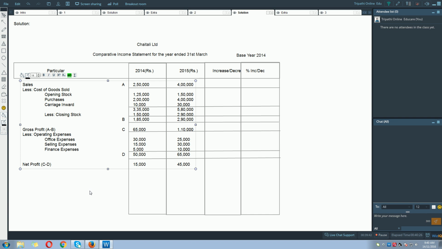Right. So now we will have to calculate net profit. So our net profit will be C minus D. So C minus D, 65 minus 50,000, you will get 15,000, and 1,10,000 minus 65,000, you will get 45,000.